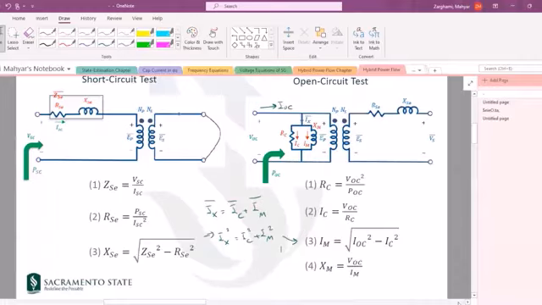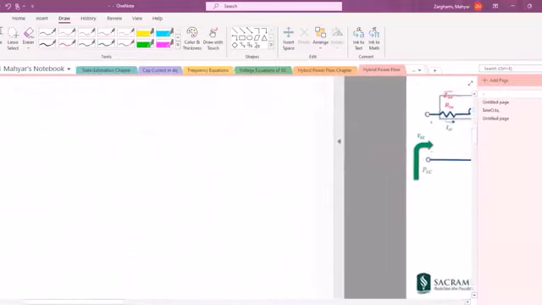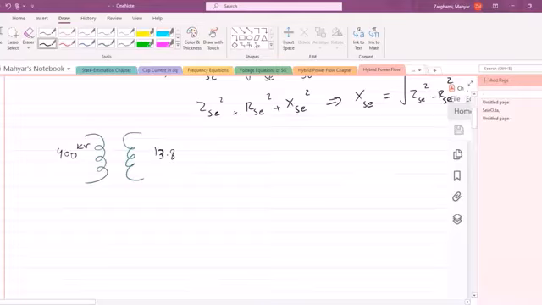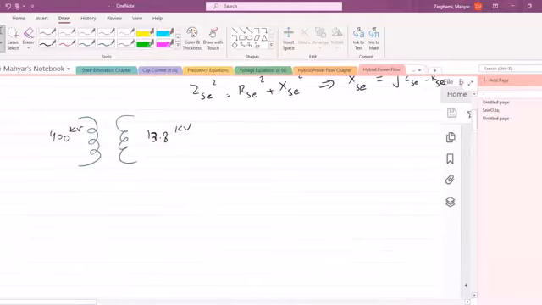So very simply speaking, when you have a transformer which has a 400 kV to 13.8 kV ratio of transformation, remember this 400 kV over 13.8 is kind of equivalent to the transformer's turns ratio.